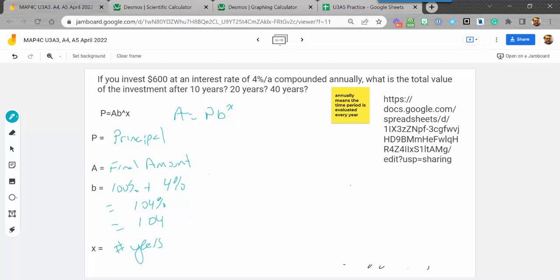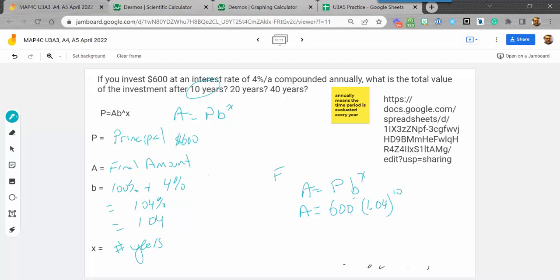Okay, so A, the final amount, is equal to P B to the X. I like creating the formula first. A equals the initial amount was $600. 600 times B is 1.04 to the, how many years we want to do? After 10 years, we could put in a 10.